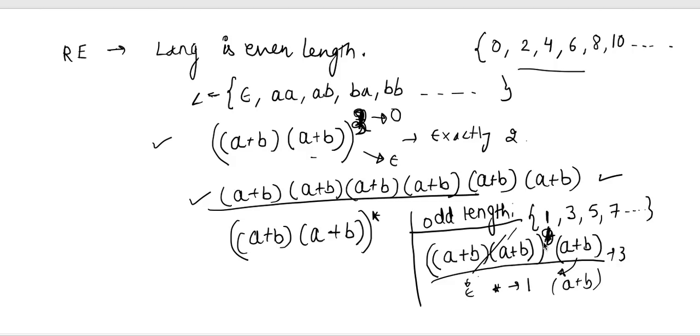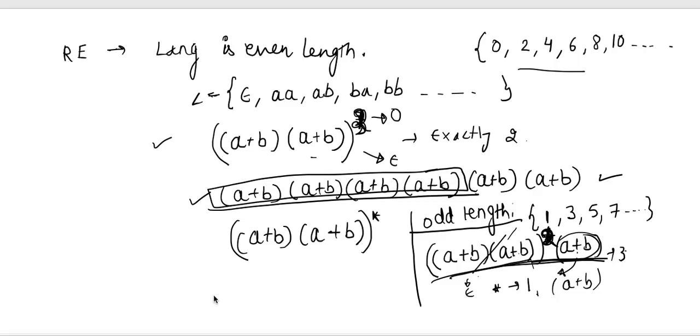If I put 2 here, what will it become? A string of length 5. See, when we put 2 here, on expansion it becomes a string of length exactly 4, and we have one more (a+b), so it becomes a string of length 5, and so on.